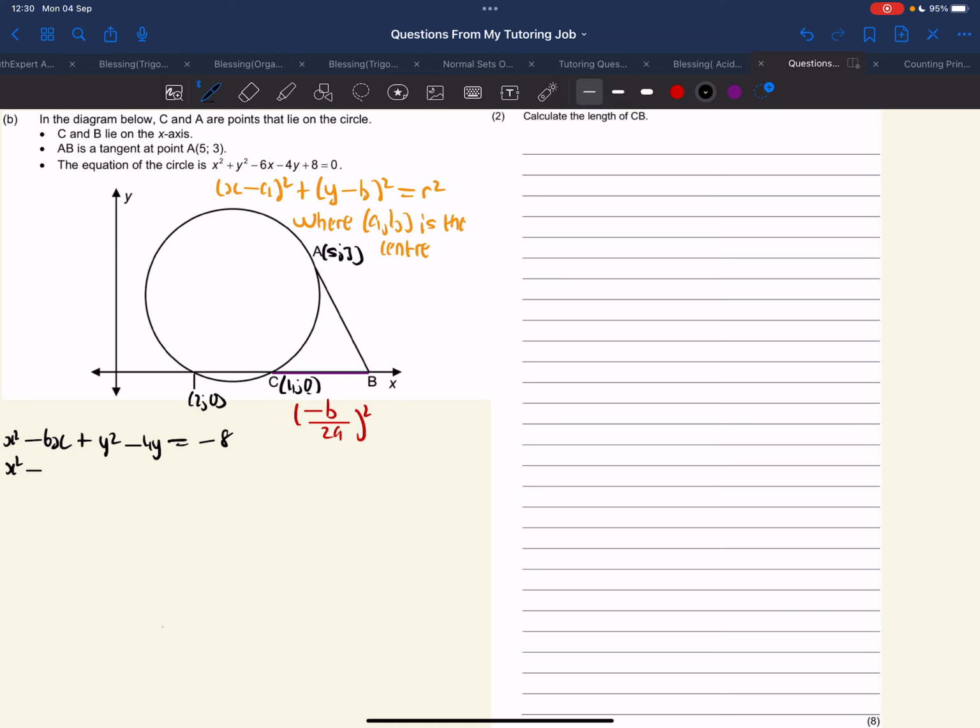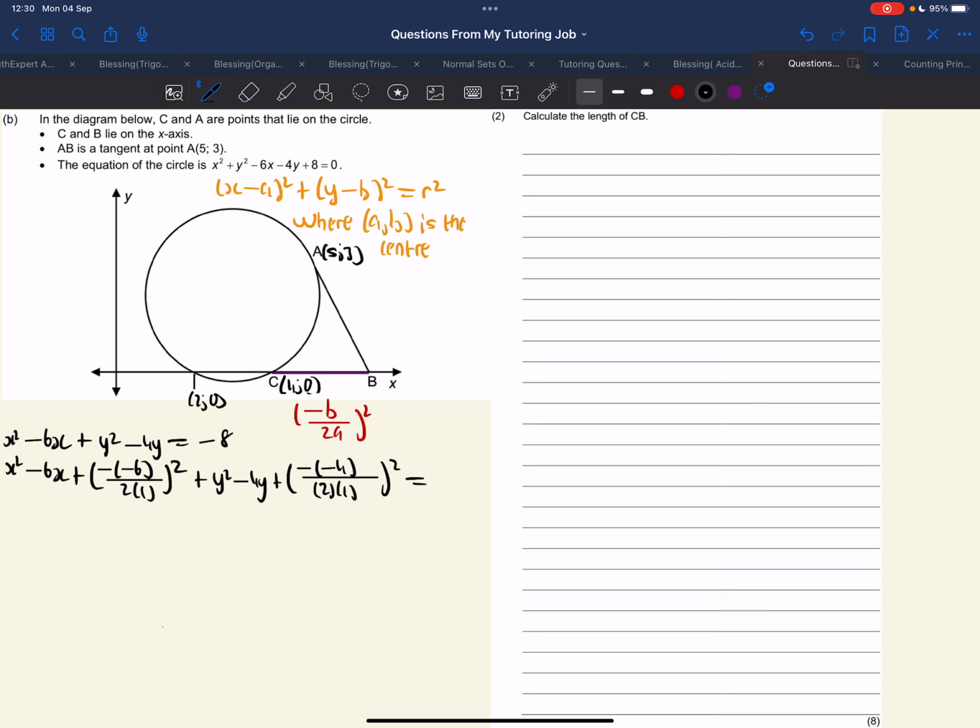So then I'm going to say x squared minus 6x plus, now minus b, so it's going to be minus 6, all divided by 2 times a, where a is 1 for that expression, then squared. Then plus y squared minus 4y plus, the same thing, minus 4 over 2 times 1, squared.